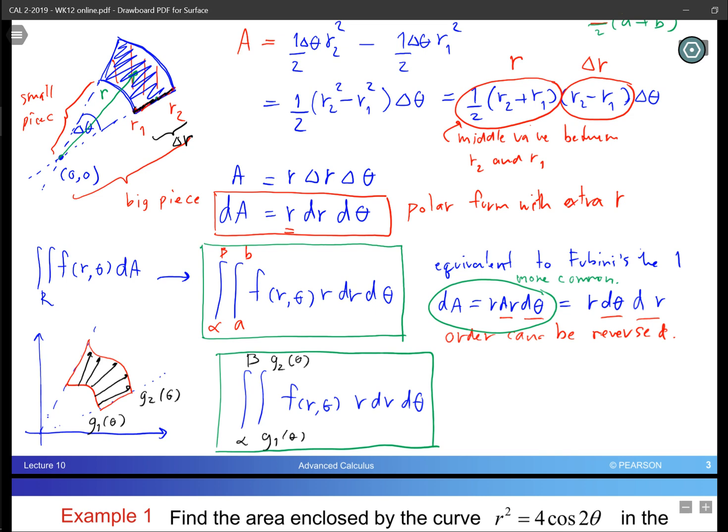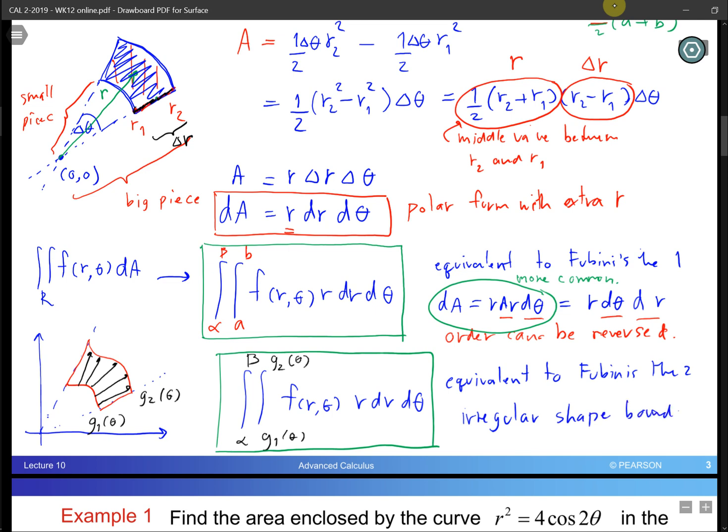Okay, and this is equivalent to Fubini's theorem number 2, where we have irregular shape boundaries. Once you have these two formulas, you are ready to do all these examples.